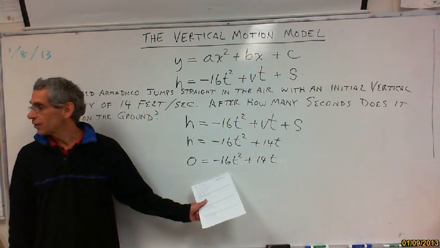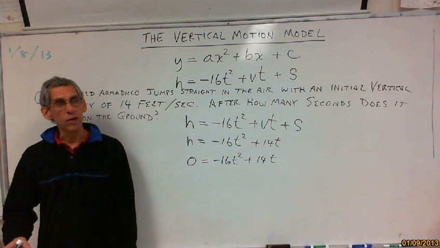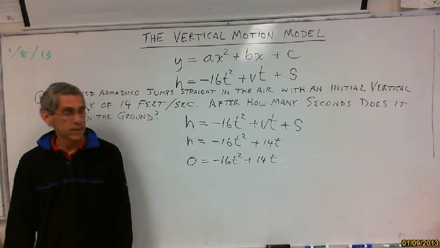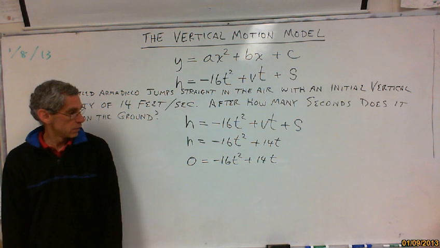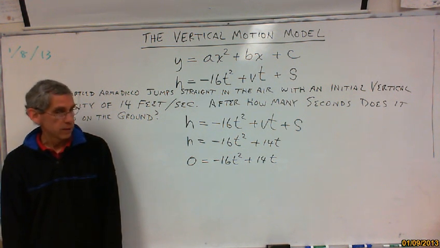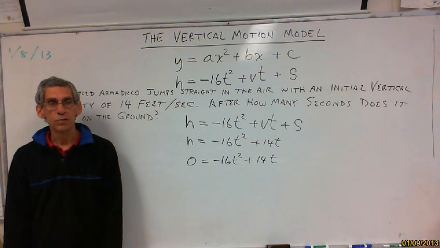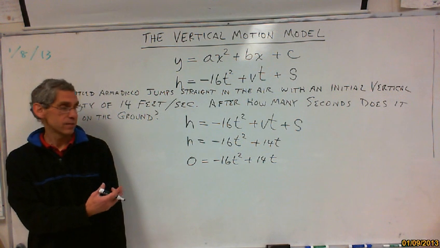So now we've got to factor this. How do you factor it? What's the cardinal rule of factoring? The first thing we try is the greatest common factor. What is the greatest common factor? 2t, right? Because they both have t's in it.